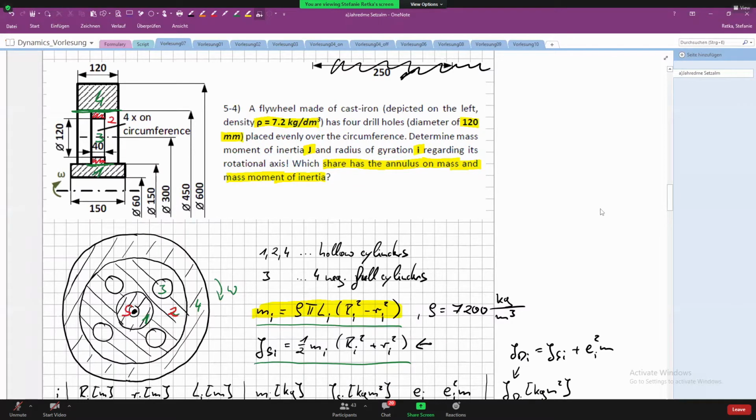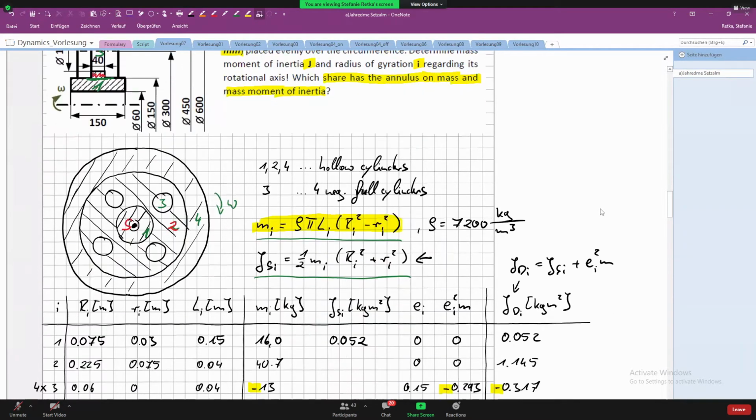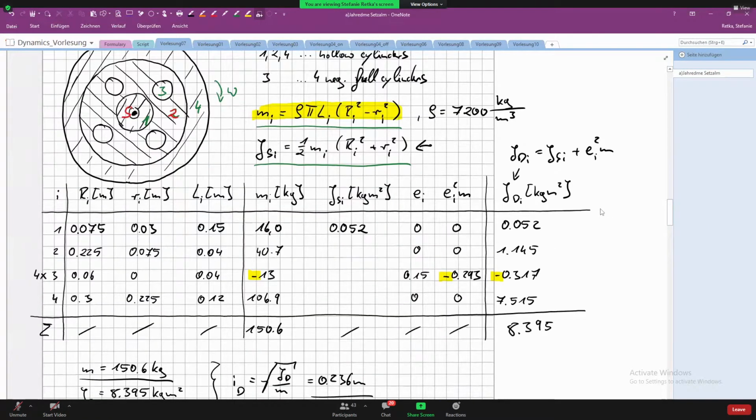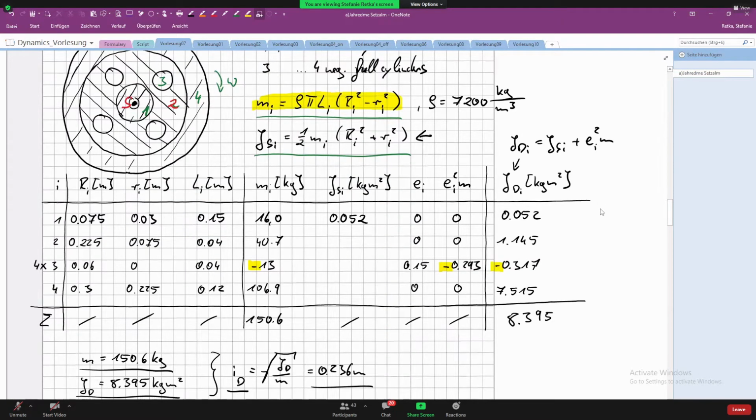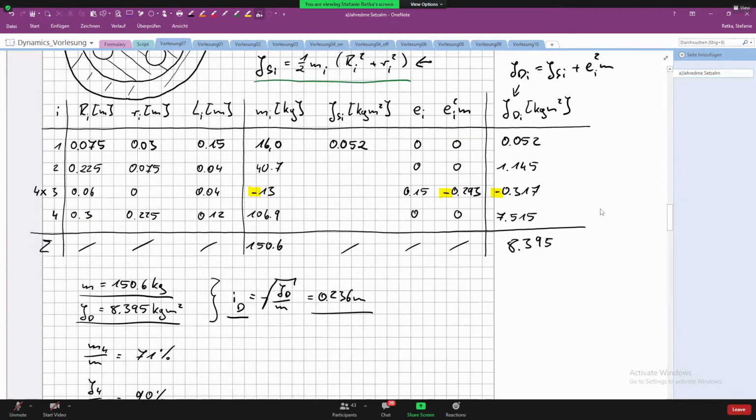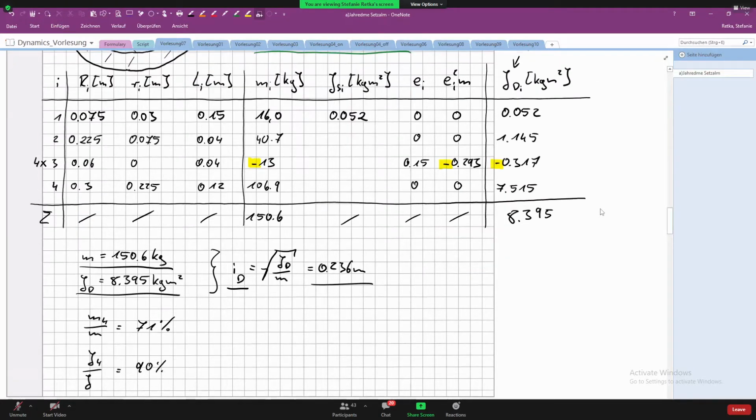It's 71%, because our second subsystem is thin with only 40 millimeter, and the mass is of course much smaller there. And same for the mass moment of inertia: the effect that subsystem 4 has is 90% of the entire mass moment of inertia, since the distance is furthest from our axis of rotation. Okay, understood. Thank you. You're welcome.